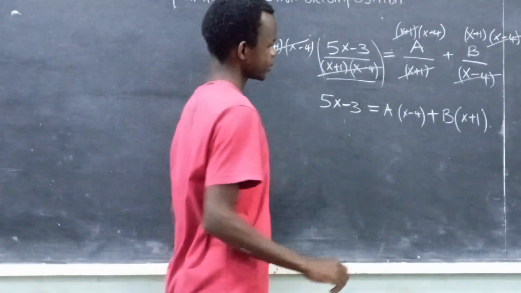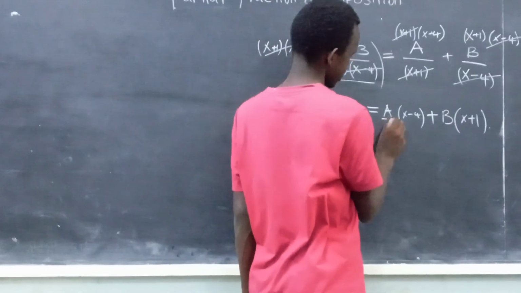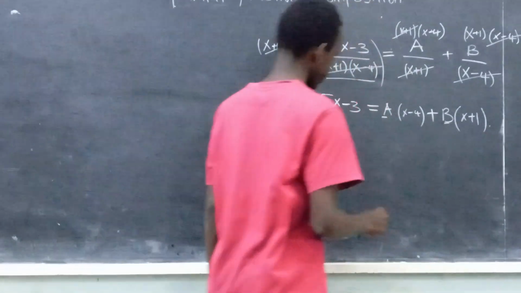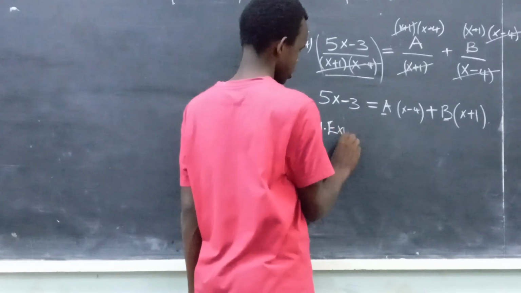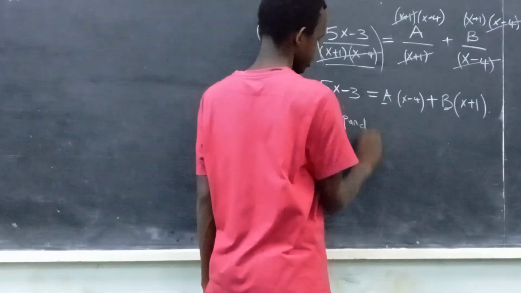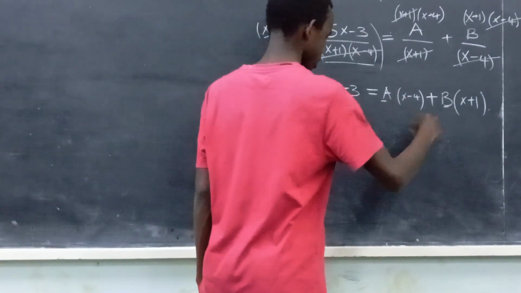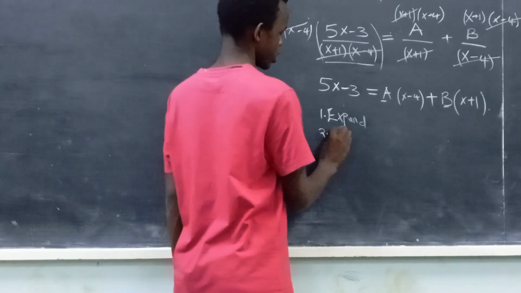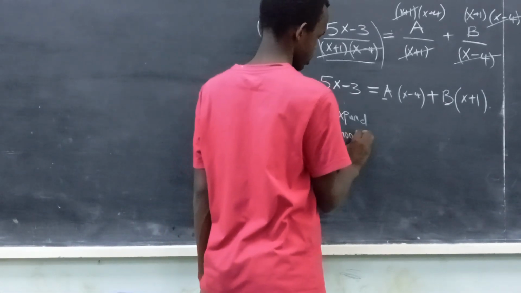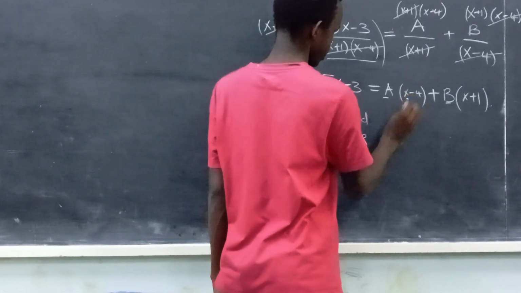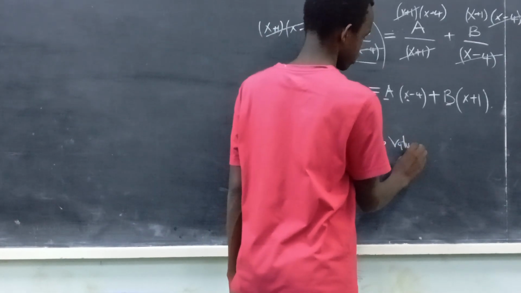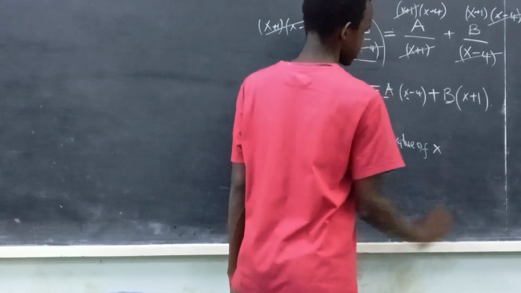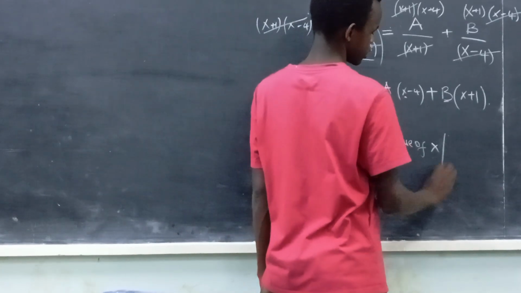So from there, how will you find a and b? There are 2 methods. Number 1, you can expand. Number 2, we can choose the value of x. This is just same as elimination.